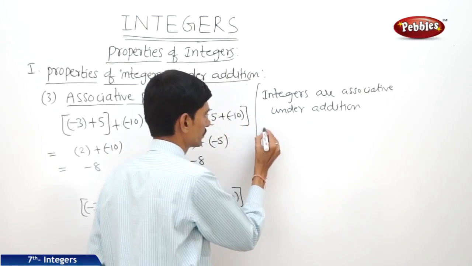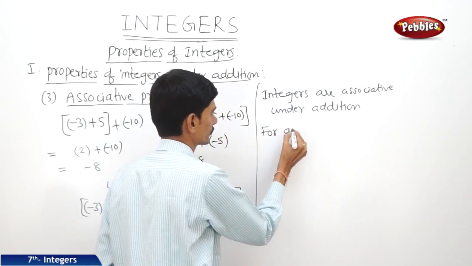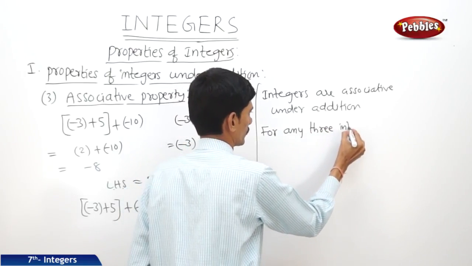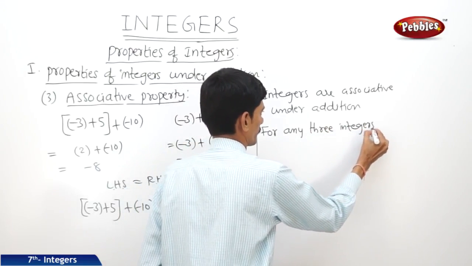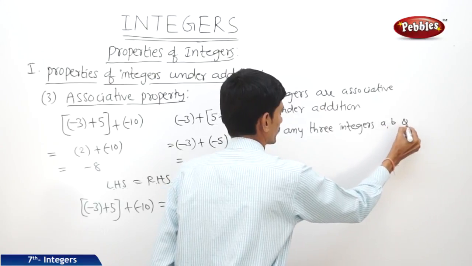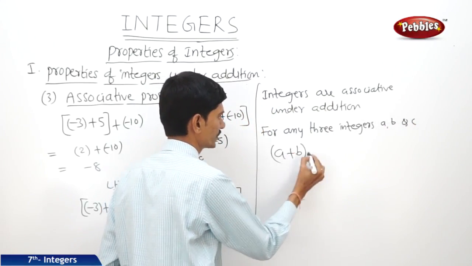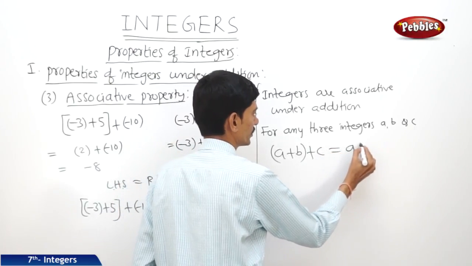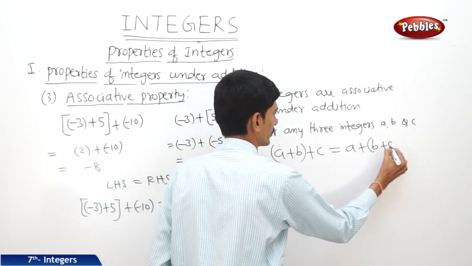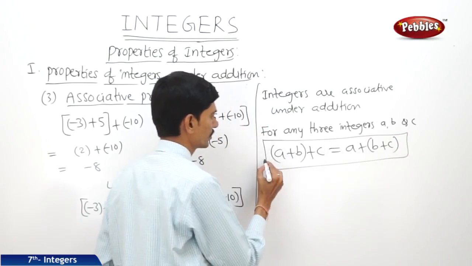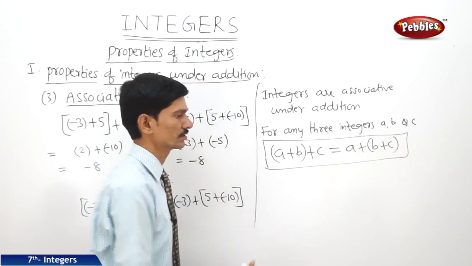And we can write that for any three integers A, B and C, A plus B plus C equals A plus B plus C. So this is called associative property under addition.